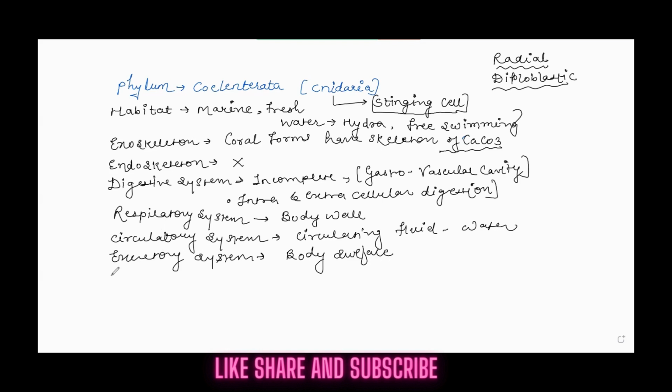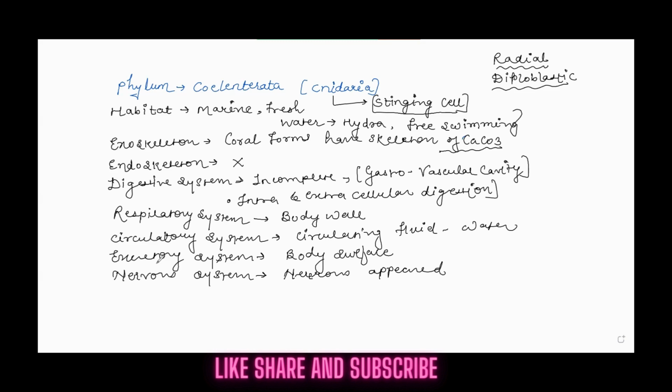Okay. Now next is their nervous system. So see here in their nervous system, neurons appeared, right? So neurons appeared here, right? Nervous system is a diffuse type.